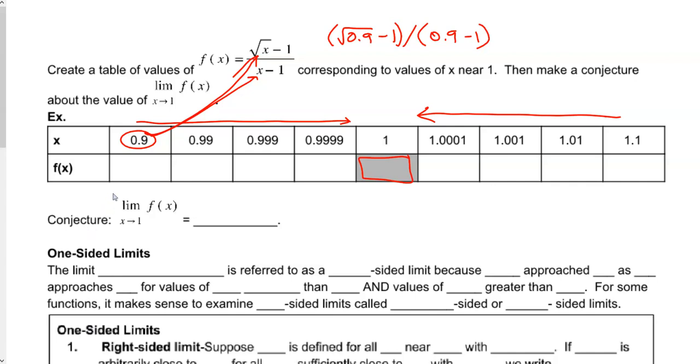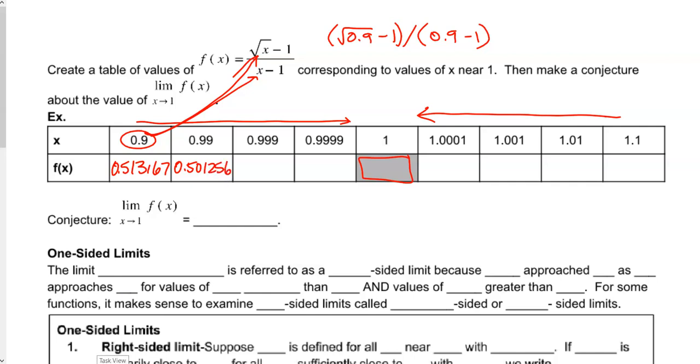So here are the values that you get whenever we are coming from the left of 1. For 0.9, that function gives me 0.513167, so close to a half. If we put 0.99 in for each of the x values, I get 0.501256.